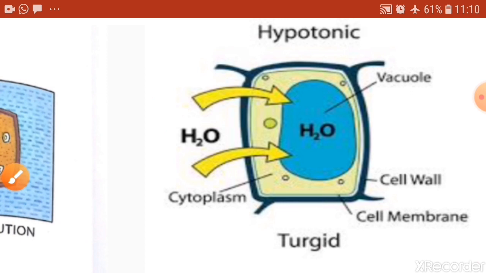In this condition the cell is said to be turgid.